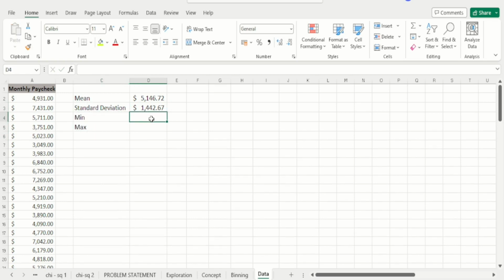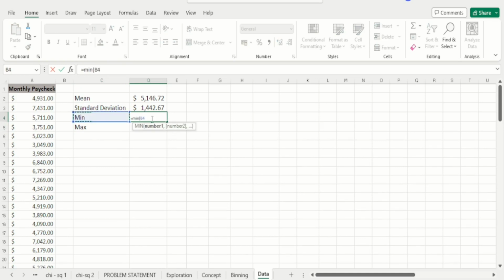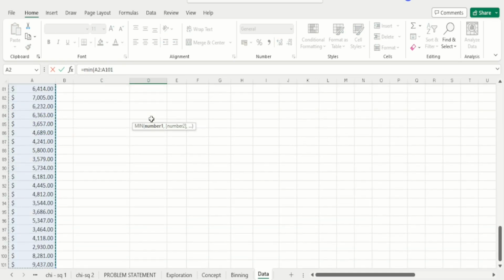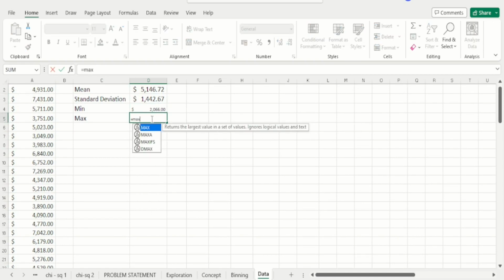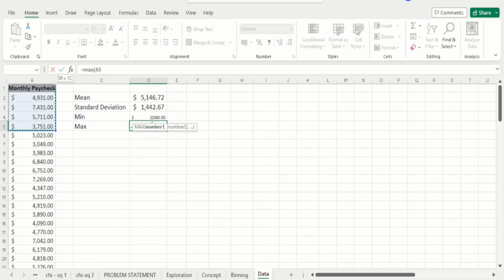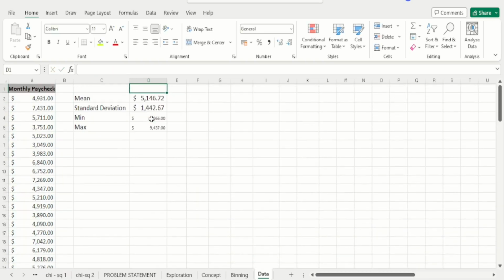For minimum, you can use the minimum formula within Excel. Just select the data range, and you have the minimum. Let's do the same for max. There's a formula called max within Excel. Select the data range and you have the max as well. So these are the 4 key data points that will be very useful for us.